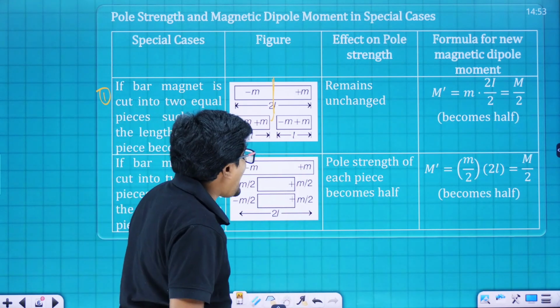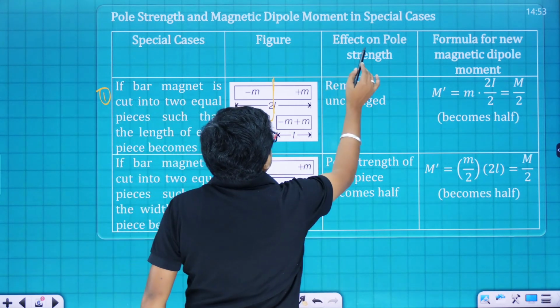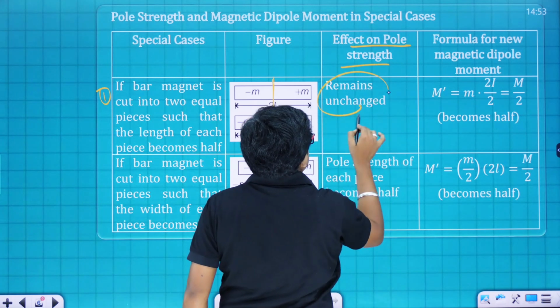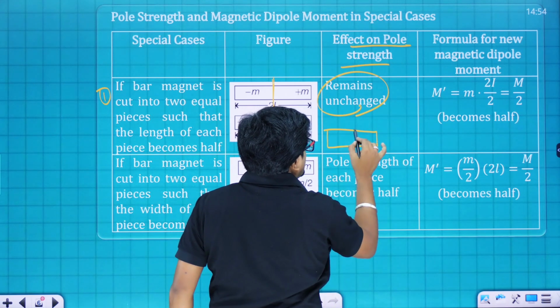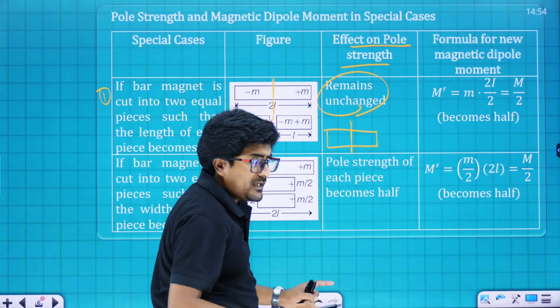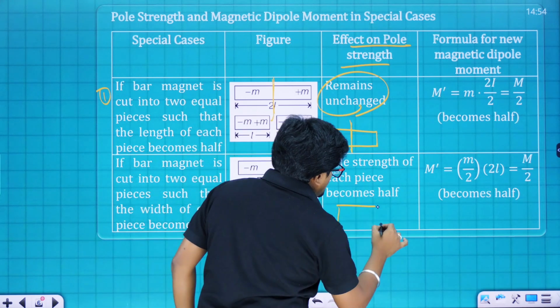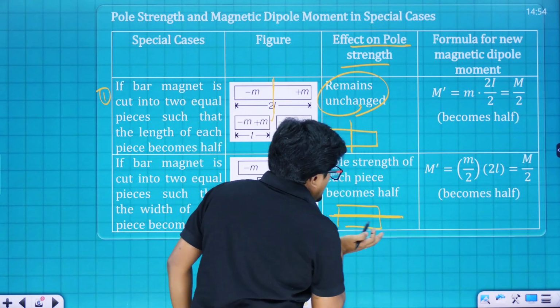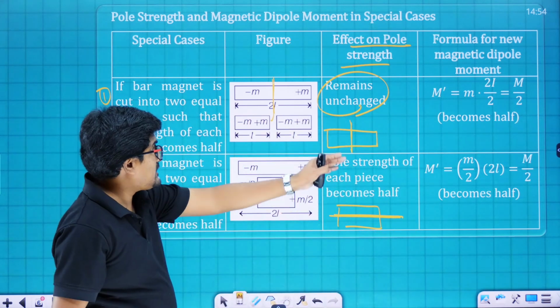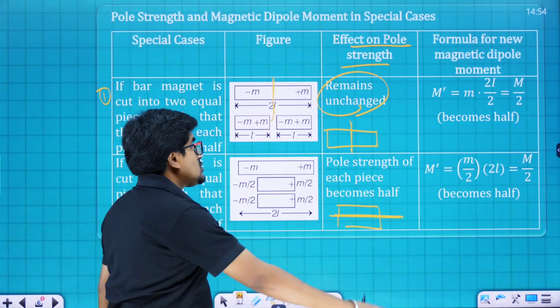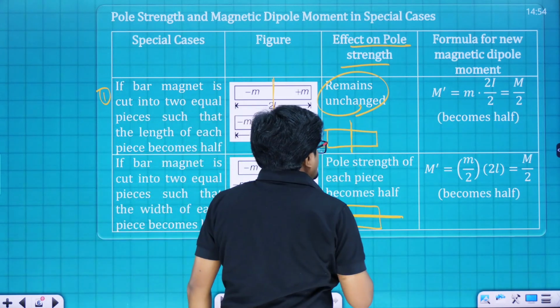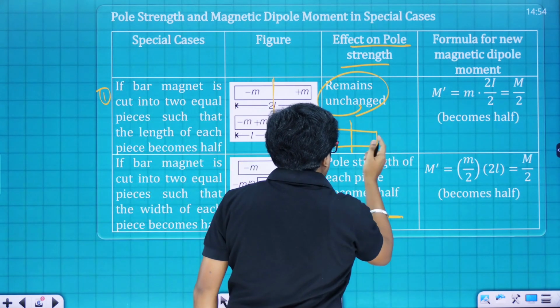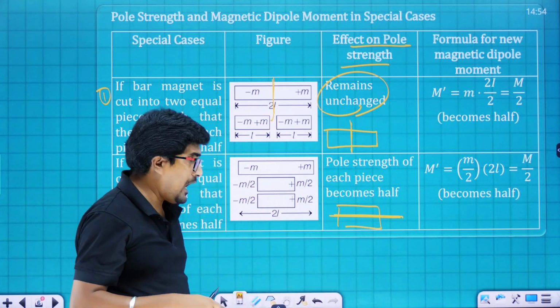The pole strength remains the same if the bar magnet is cut in this way. In case number 2, it's cut along the length, perpendicular to the length, so m remains the same and the distance of separation between the poles becomes half of that.